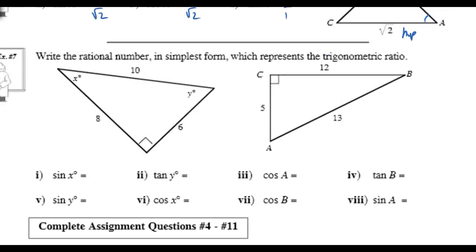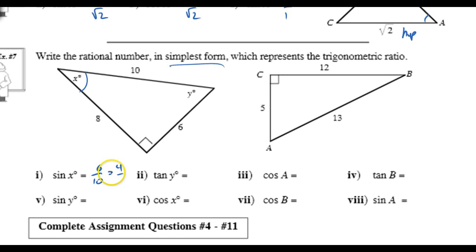You can go ahead and do this last one over here. It wants the answer in rational numbers as well, and in simplest form, so make sure you simplify your ratios. Let me do a couple here. Sine X would be opposite over hypotenuse, so 6 over 10, which is 3 over 5. I'm doing these a little quicker now.